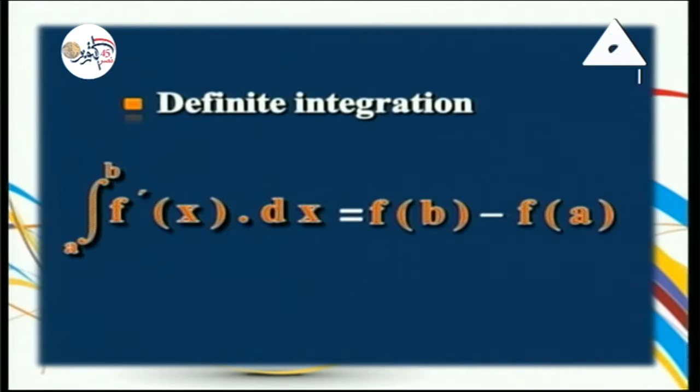If we have a function and we find its integration over the closed interval [a, b], this is called definite integration. After we find the integration, we substitute b first and a second, then subtract: f(b) minus f(a). This is called definite integration.